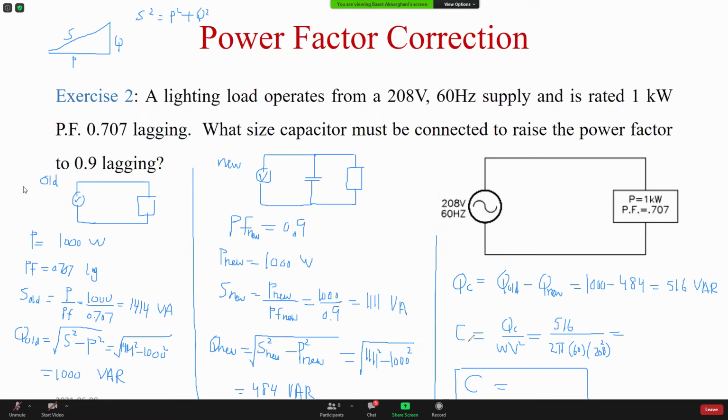Okay, again, the procedure is the same, and now I'm gonna tell you what is the difference between single phase and three phase, and what is the difference between more than one load or one load. Just give me the answer for this, please.